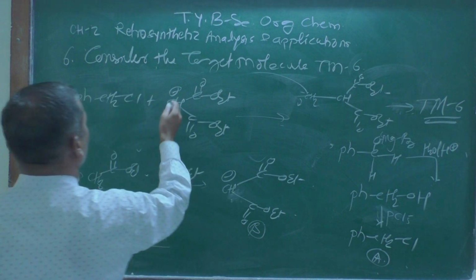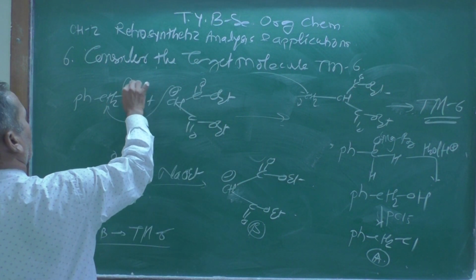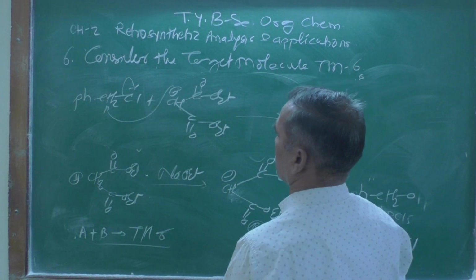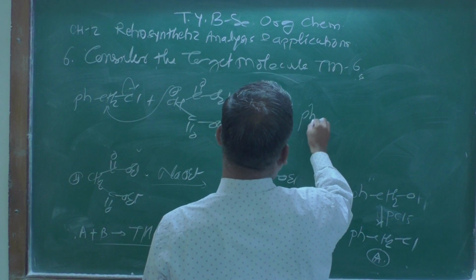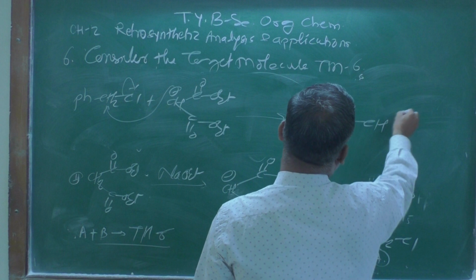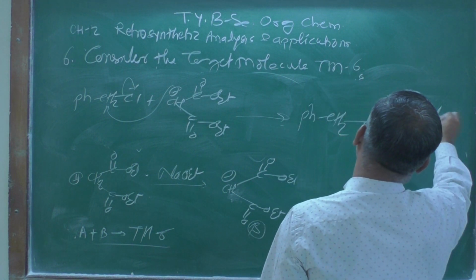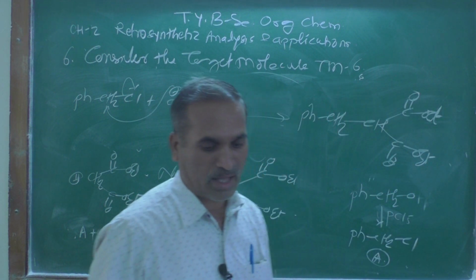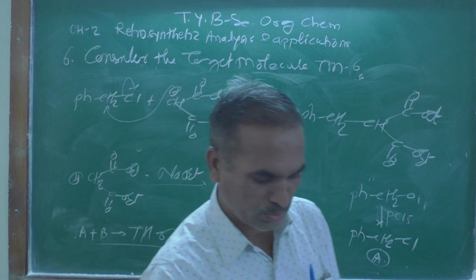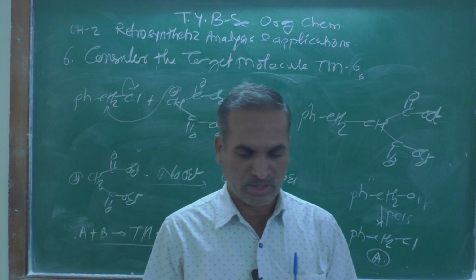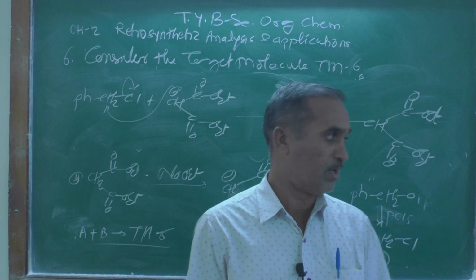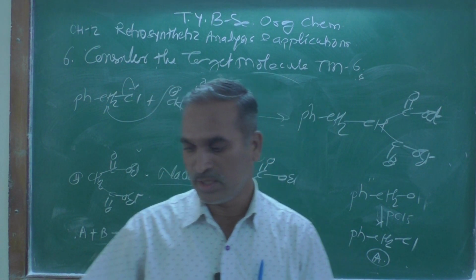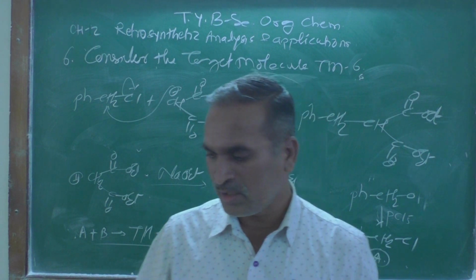This negative is going to attack on that CH2, and Cl is going to depart, and finally I get the target molecule, PhCH2 then CH with C double bond O OEt and C double bond O OEt. Because these carbanions are well stabilized due to resonance, both the syntheses are highly favourable. In the previous case the synthons are highly unstable, and that is why that is a less stable route.